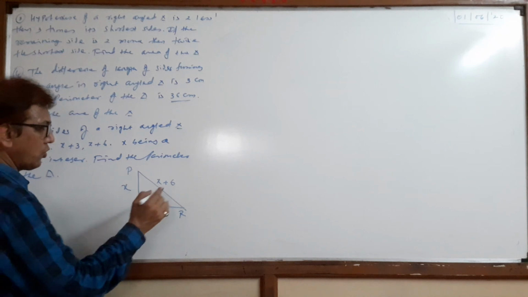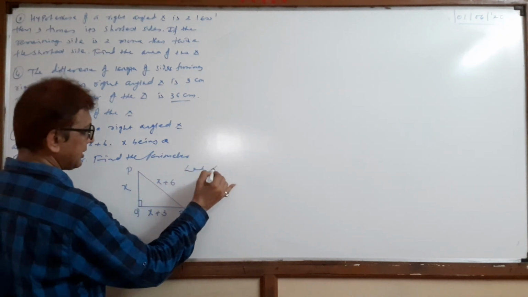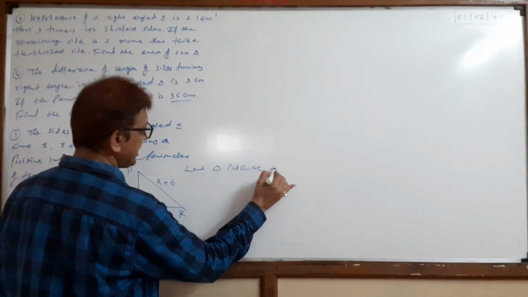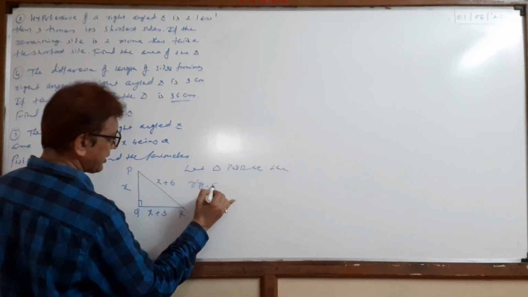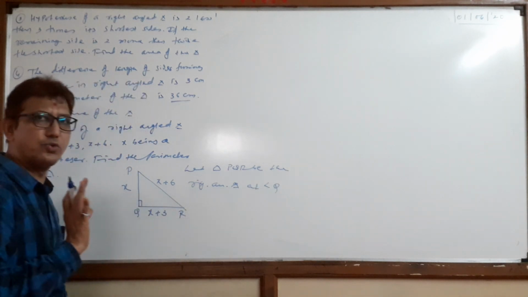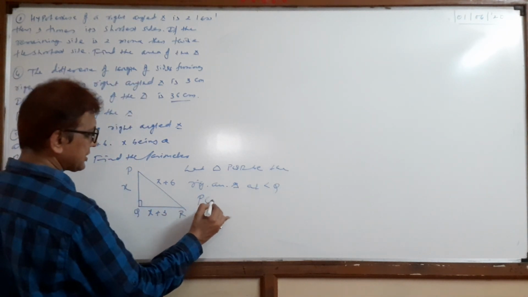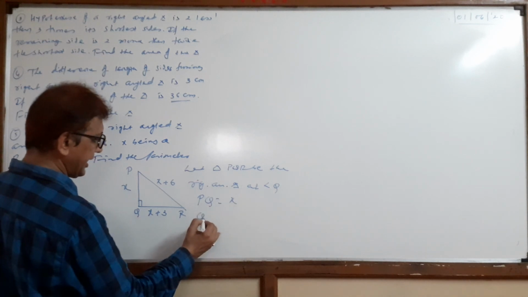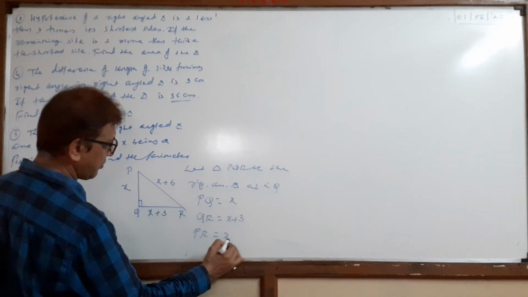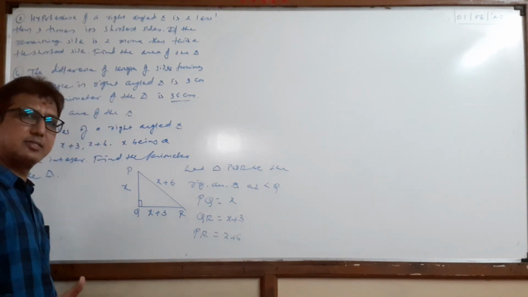Let the triangle PQR be the right angle triangle at angle Q. Now we suppose PQ equals x, QR equals x plus 3, PR equals x plus 6.